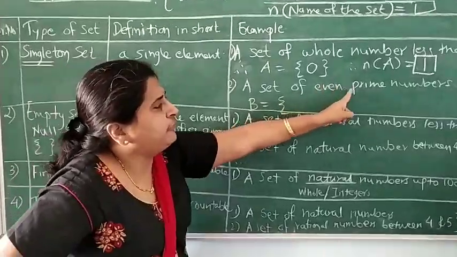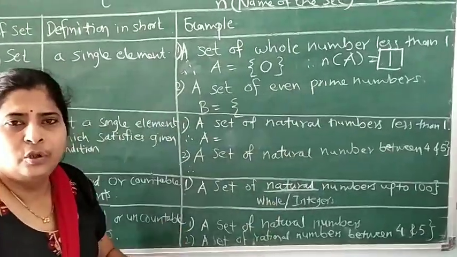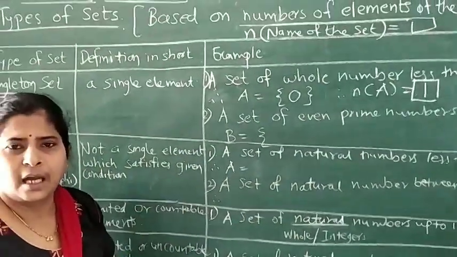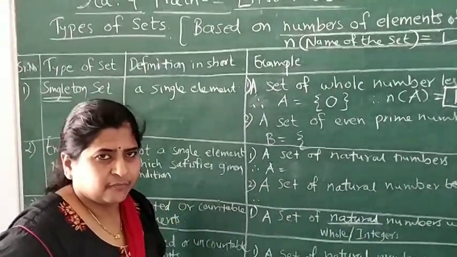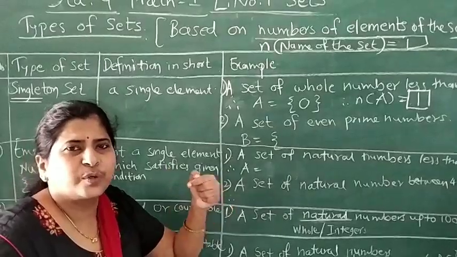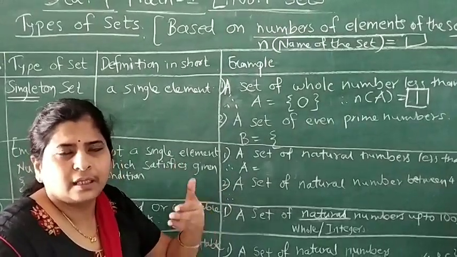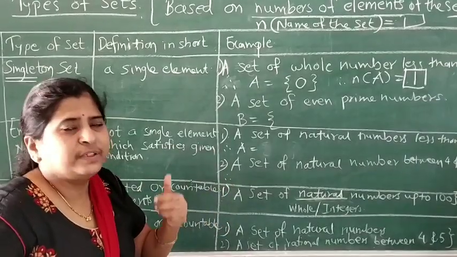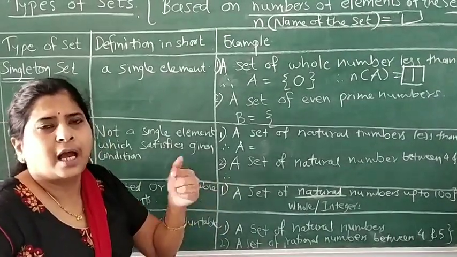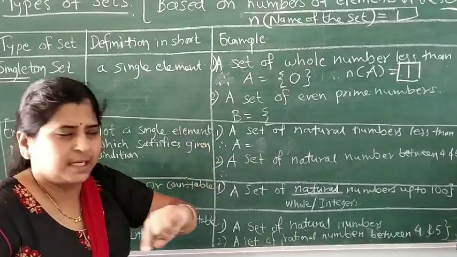A set of even prime numbers. We know prime numbers are such that they have only two factors, 1 and the number itself. Prime numbers start with 2, then 3, 5, 7, 11 and so on, each having only two factors, 1 and the number itself.